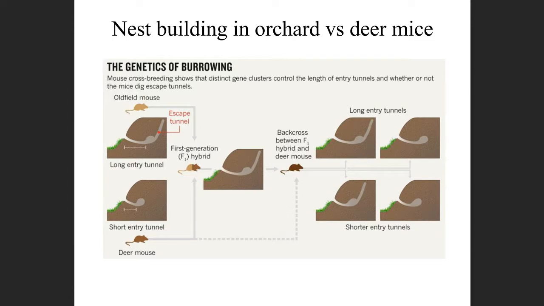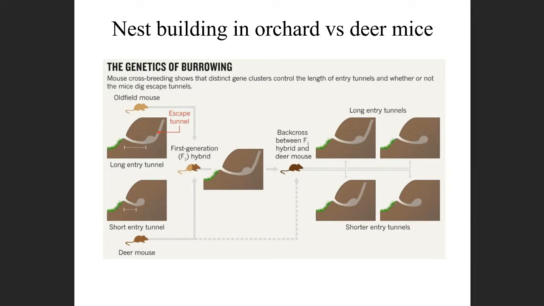So we have two traits associated with the nest that can be measured. When you hybridize them, the oldfield mouse traits are dominant. They dig long entry tunnel nests with escape tunnels. When you do a backcross to the deer mouse, you will get 50-50 long versus short tunnels and 50-50 escape hatch or no escape hatch, right?